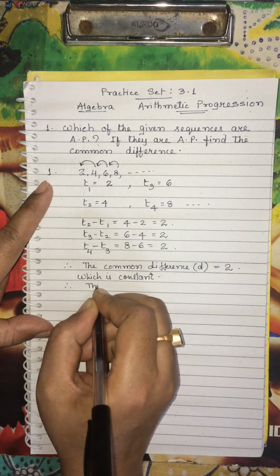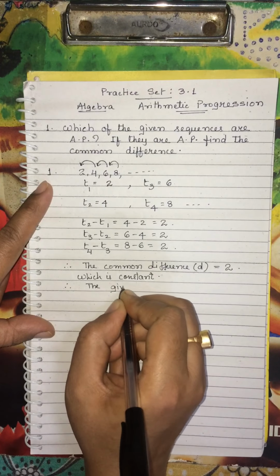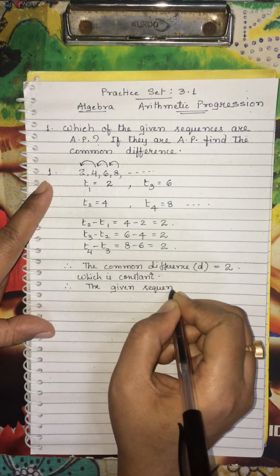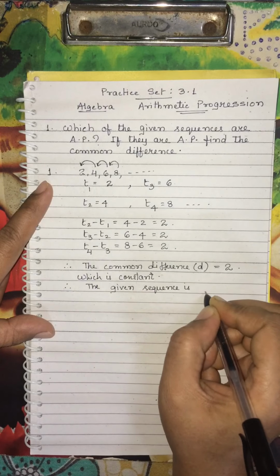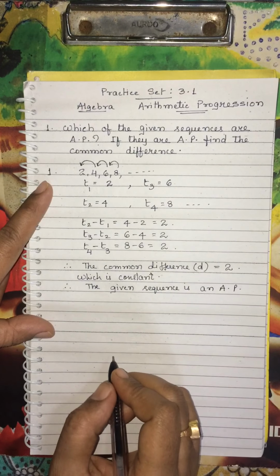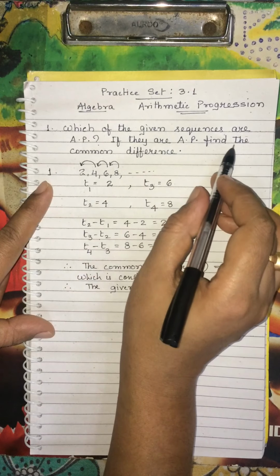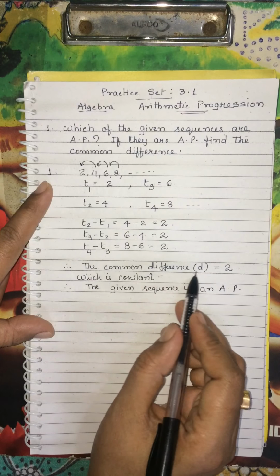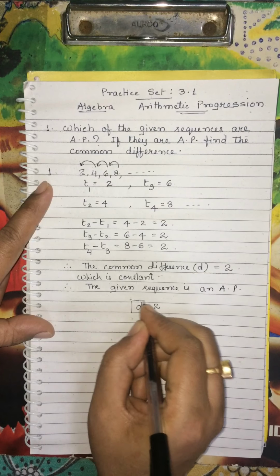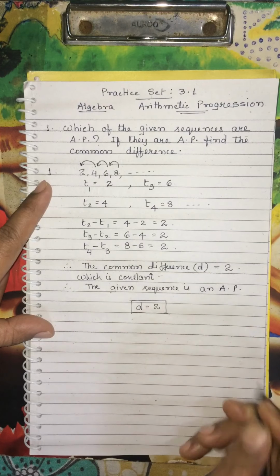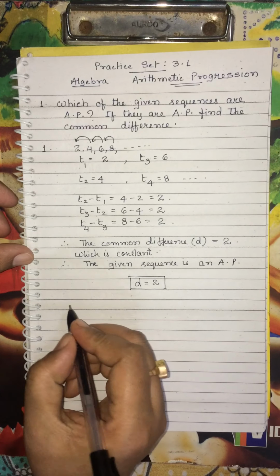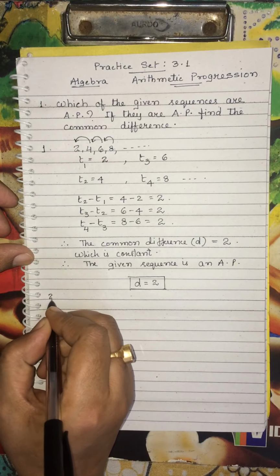Hence the given sequence is in AP, and they ask to find the common difference, which we have already found as d is equal to 2. Fine. So in this manner you have to find all the answers for the rest of the questions.